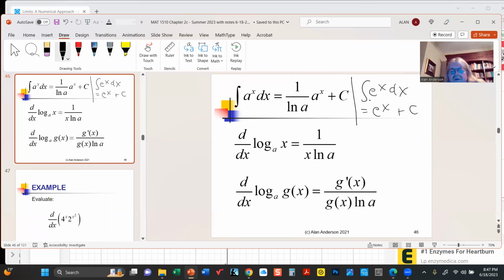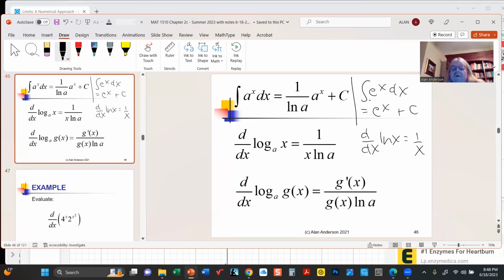And then here, the derivative of log base a of x is 1 over x log a. And again, recall that the derivative of natural log of x is simply 1 over x. So it's the same idea here. And then log e is just 1.